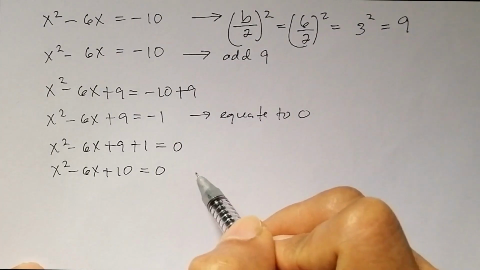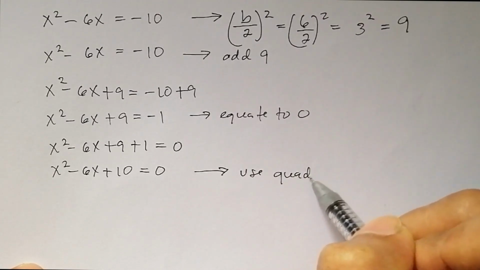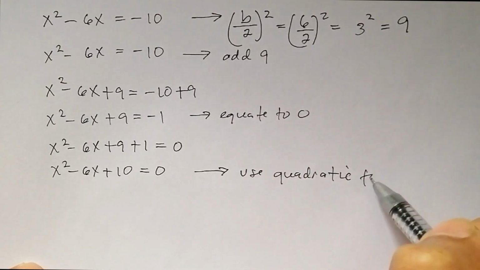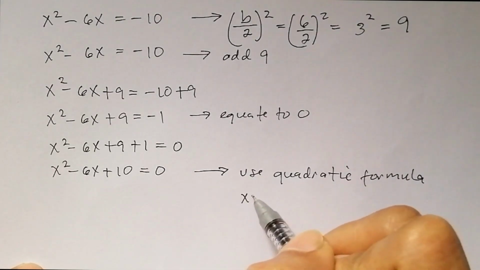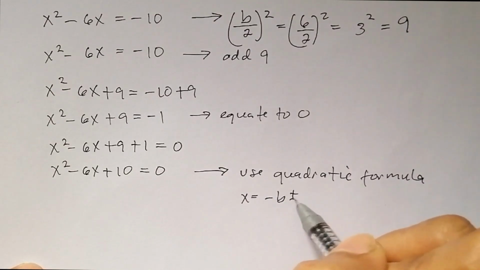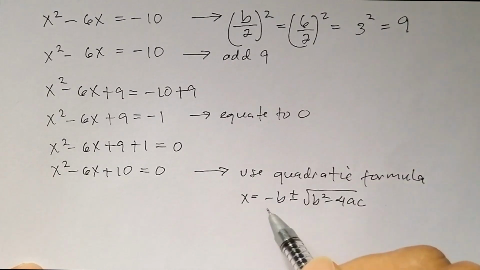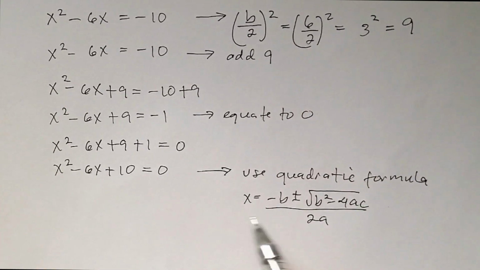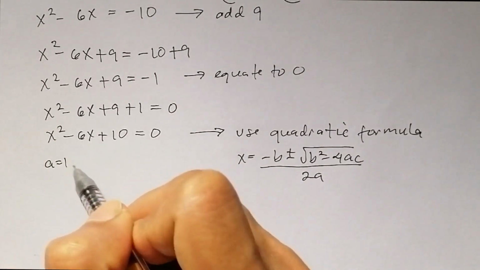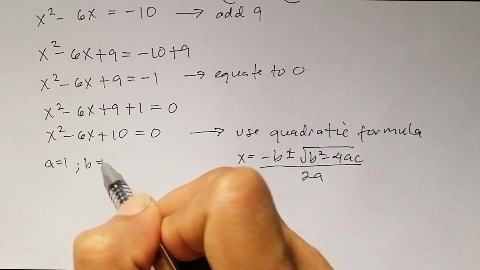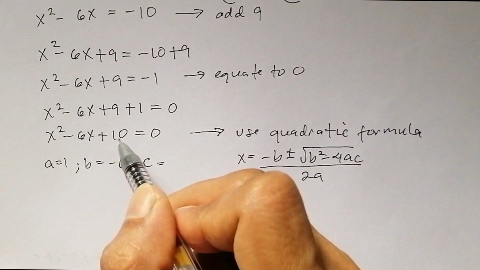Now in this expression, we're going to use the quadratic formula, which is x is equal to negative b, plus or minus the square root of b squared minus 4ac, over 2a, where a is equal to 1, b is equal to negative 6, and c is equal to 10.